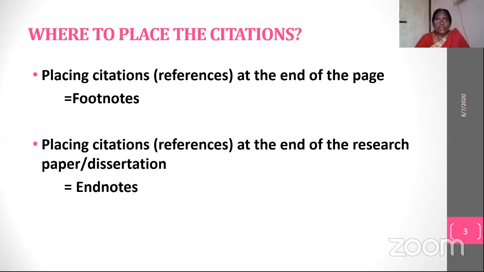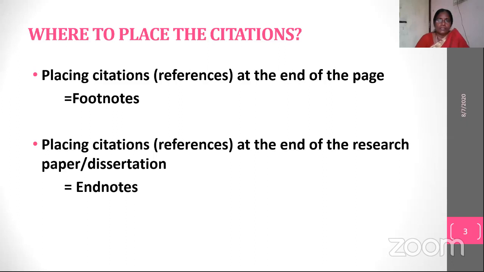Where to place the citations or the references? For example, there is an article in a journal, that is a reference, fourth volume, authored by so and so, etc. So where to place the reference? Suppose it is placed at the end of the page, that is called a footnote.